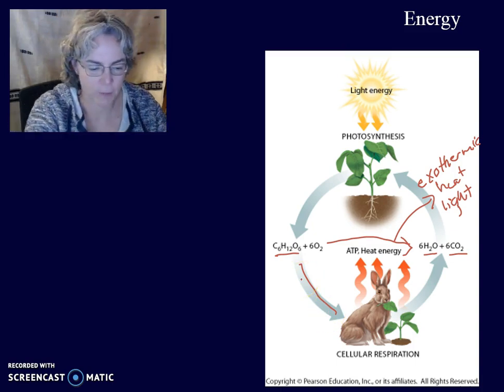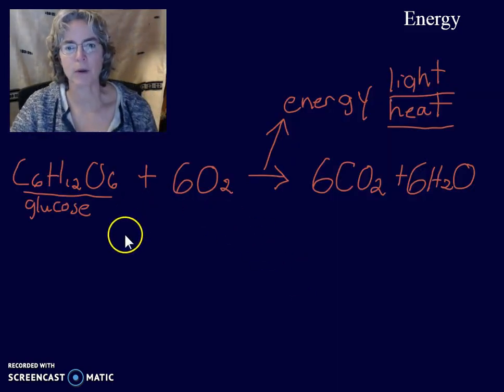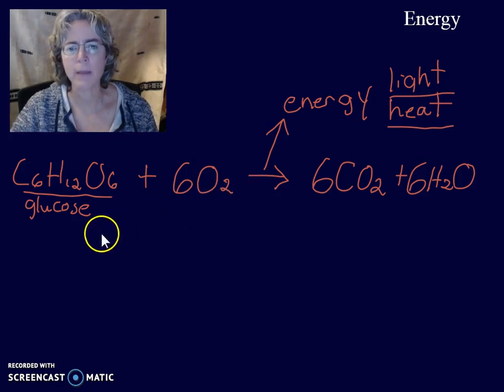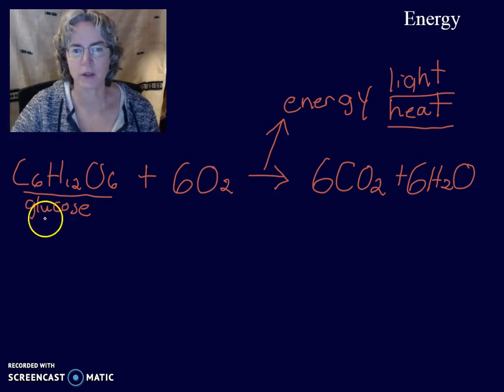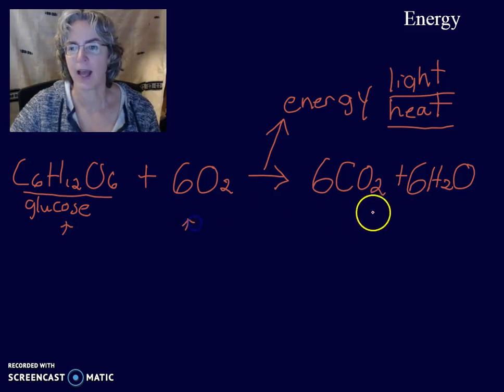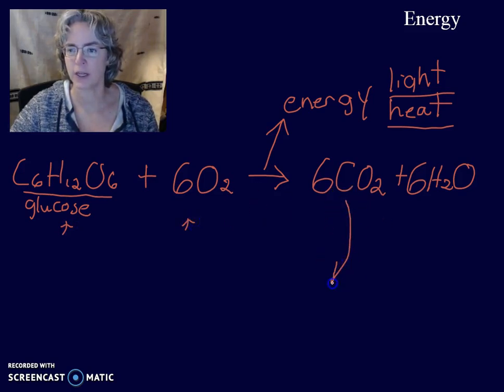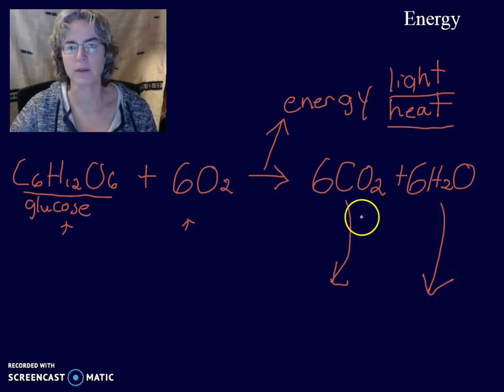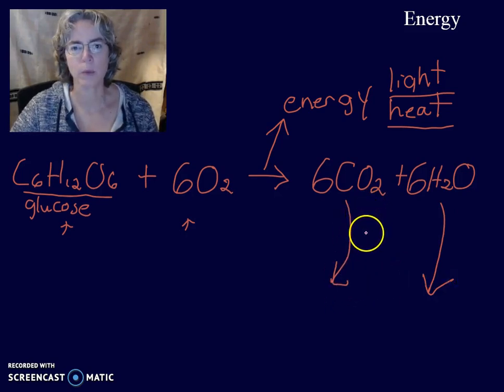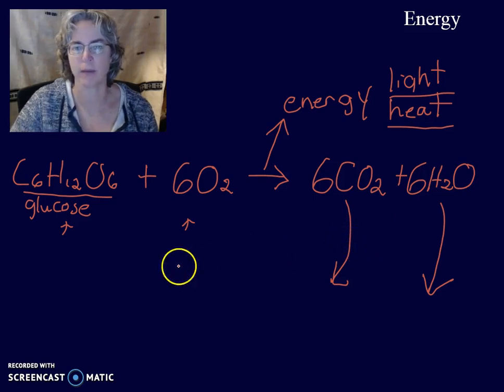Okay, so here's our formula, our chemical equation. We know that it takes a little bit of energy to break these bonds, and then a lot of energy comes out when these bonds are formed. So we want to use that energy.